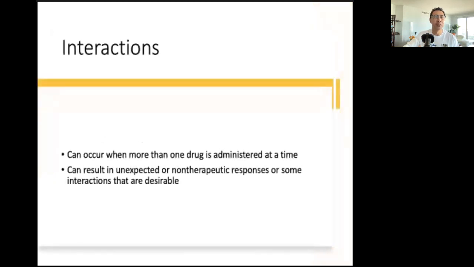Next, interactions. This can occur when more than one drug is administered at a time. You probably know this from your over-the-counter medicines. It would tell you, say, take Tylenol for your headache, but if you're on a blood thinner, don't take it. It's contraindicated because of interactions. I just made up those two.